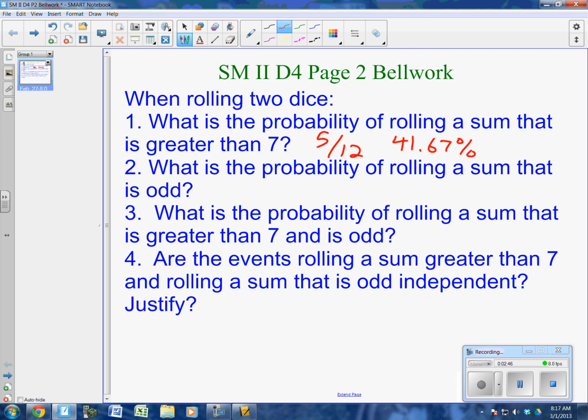What is the probability of rolling a sum that is odd? Alex, what is the probability of rolling a sum that is odd? You know this. You have this table. It's 1/2, but why is it 1/2?